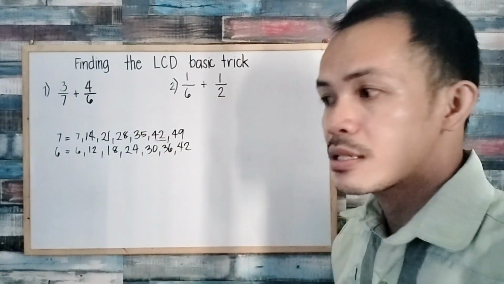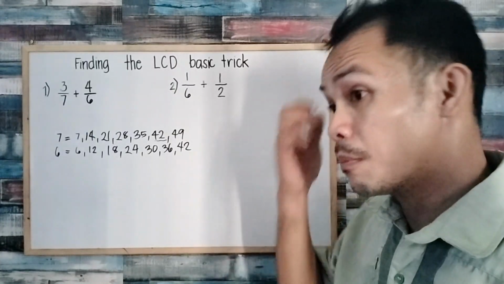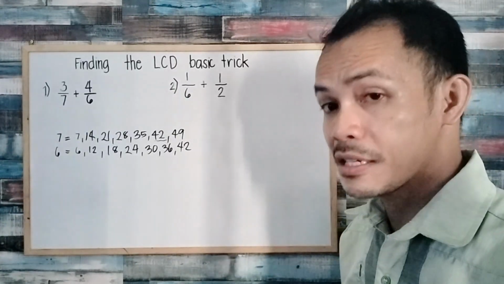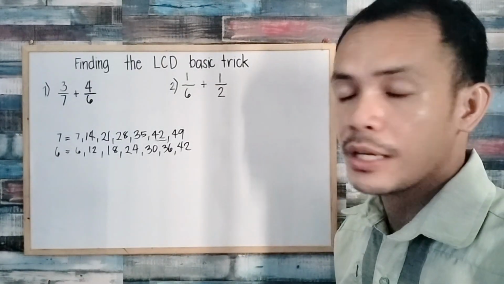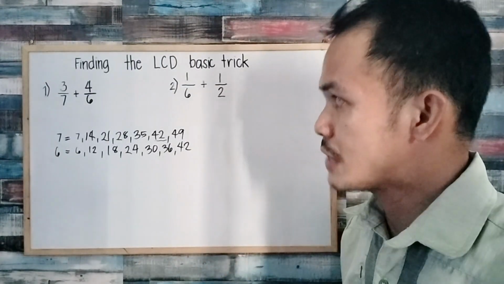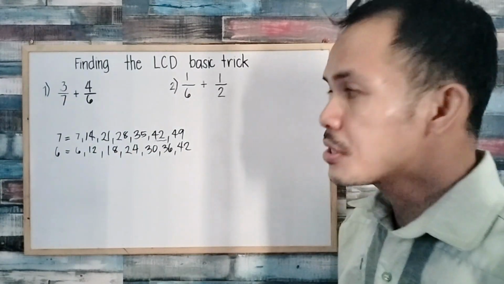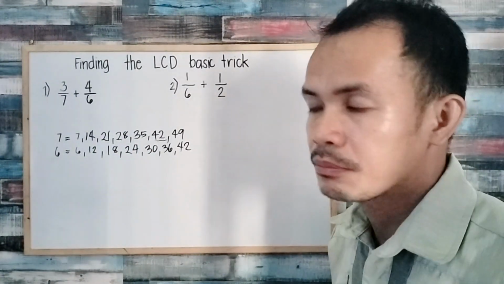And how about 6? 6 is not a prime number. It's a composite number because it has more than two factors. We have 1 and 6, we have 2 and 3, right? So there are 4 factors for 6. So we will apply the shortcut.